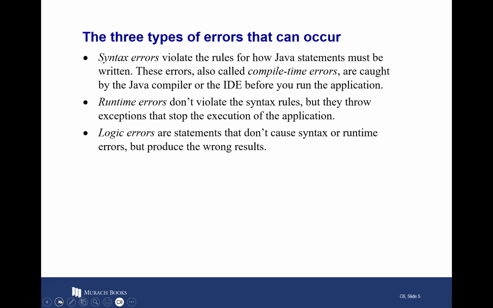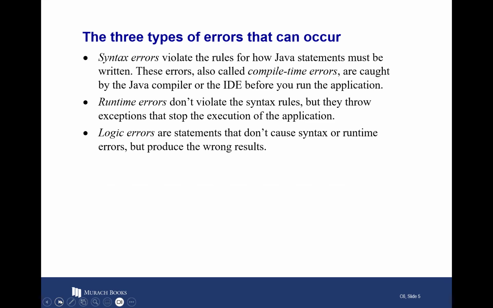For instance, if I have to say hello, how are you, and I say how you fine, it's not semantically making sense. So a syntax error is related to how you have written the code.